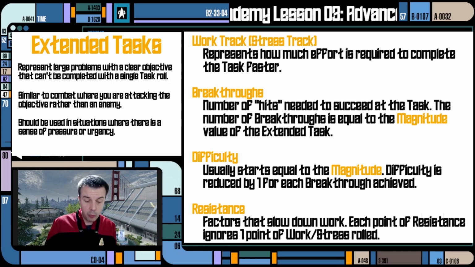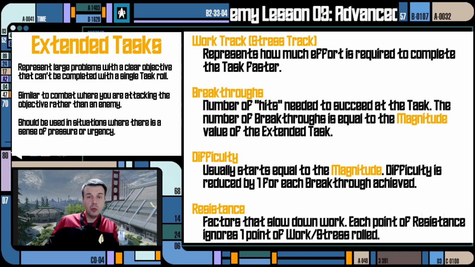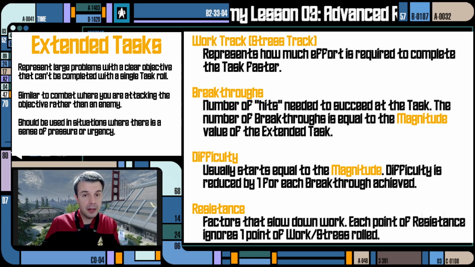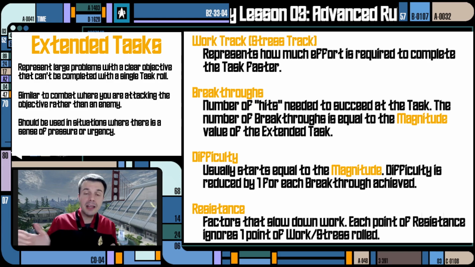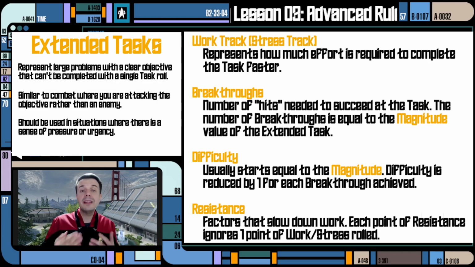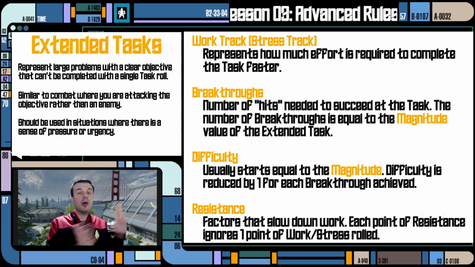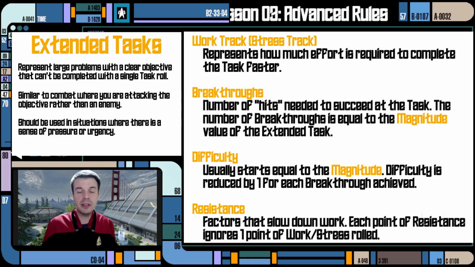So, with that said, the work track is a separate track you are just chipping away at as you're trying to complete the task. But getting the work track down to 0 does not succeed the extended task for you. That's getting the work out of the way that you need to accomplish to make achieving the task easier.